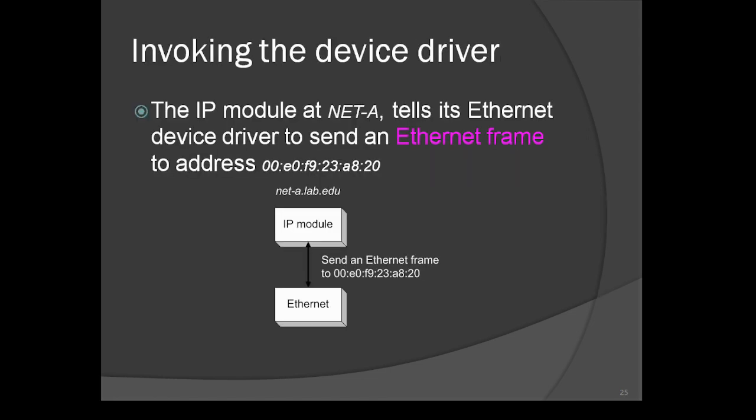Okay, so invoking the device driver. The IP module of net A tells its Ethernet device driver to send an Ethernet frame to address 00EO F923AE8N20.